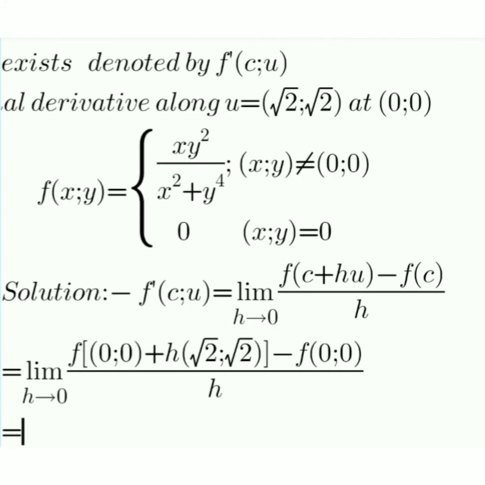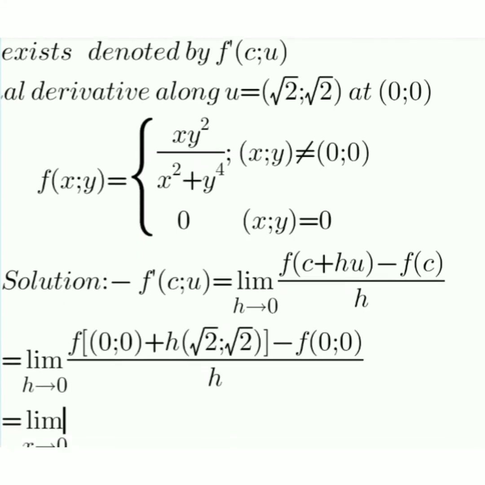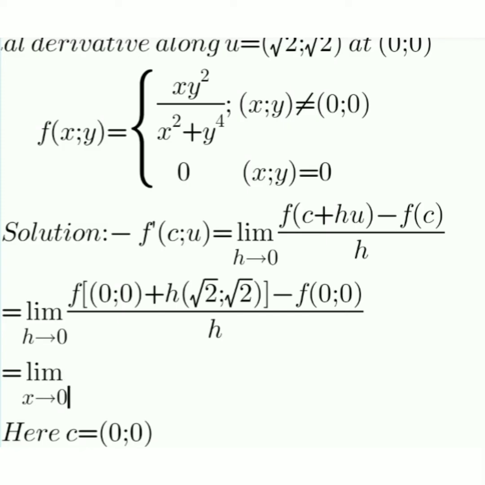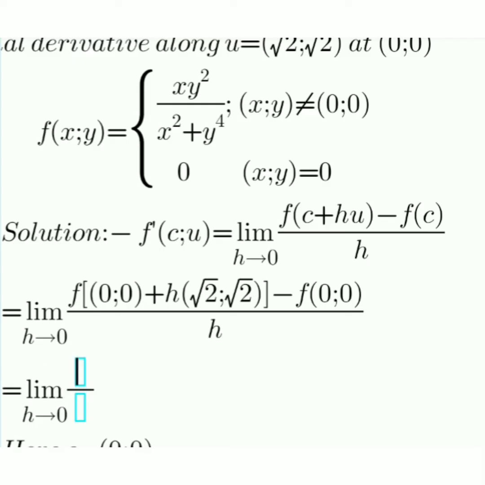Now the limit as h tends to 0, and whatever I get, I can get f(h root 2, h root 2) divided by h.